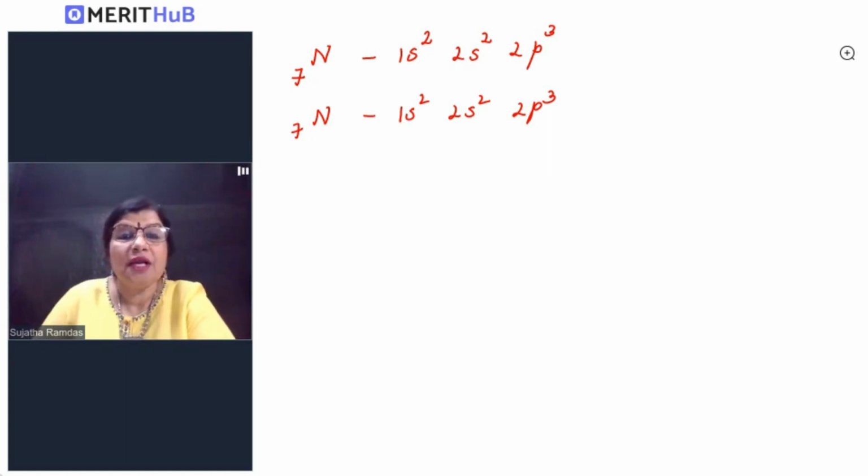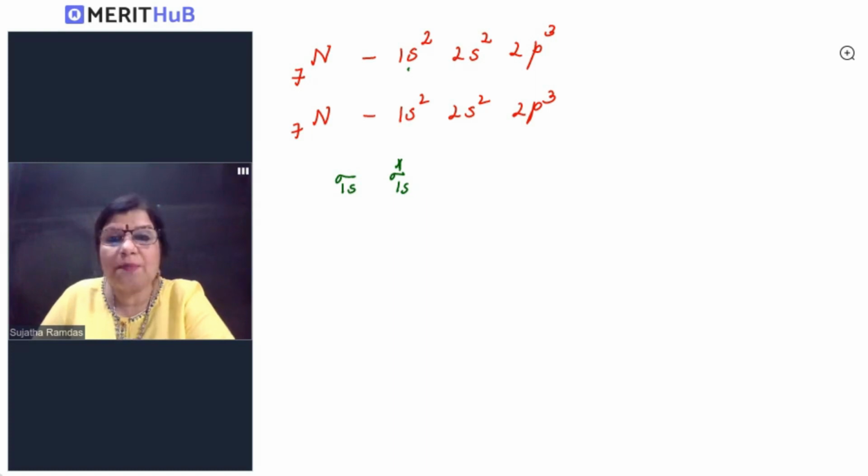First, the order of molecular orbitals. The first one is sigma 1s, corresponding to the bonding molecular orbital. So when 2 1s orbitals overlap, you get sigma 1s and sigma star 1s. Then when 2 2s orbitals overlap, you get sigma 2s, the bonding, and the anti-bonding sigma star 2s.